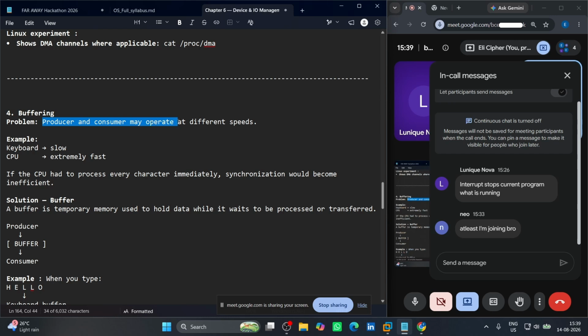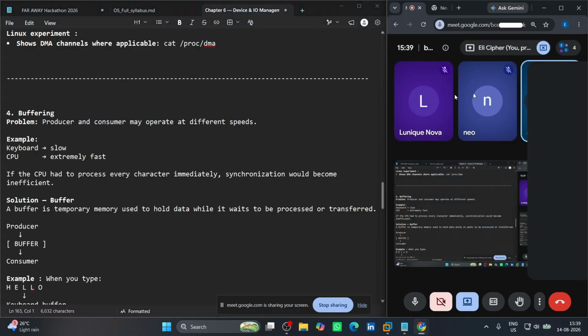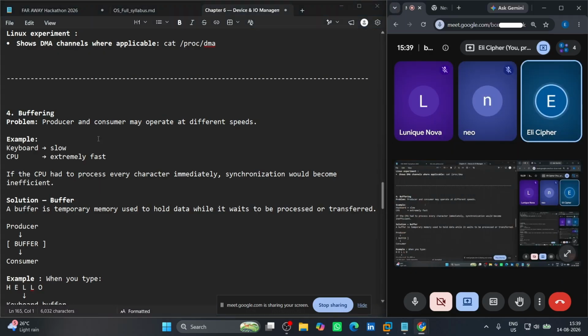Producer and consumer may operate at different speeds. It's a normal thing, right? If you are at the server end and I am at the receiver end, then you might operate at one speed and I at a different speed. We can't maintain the speed across such a big area.